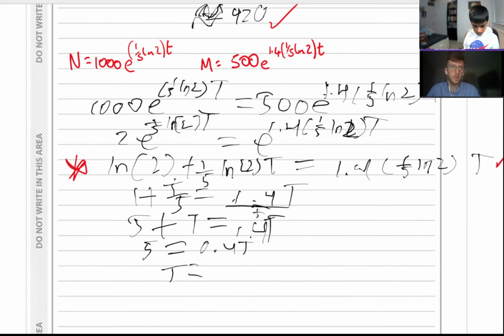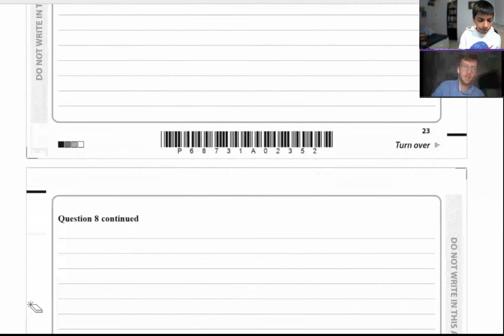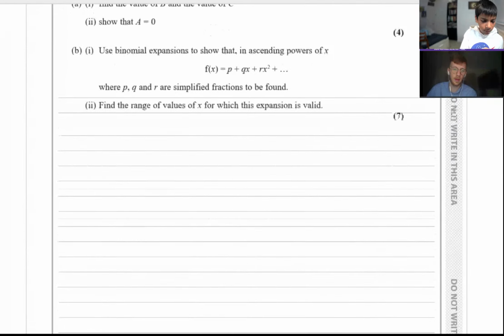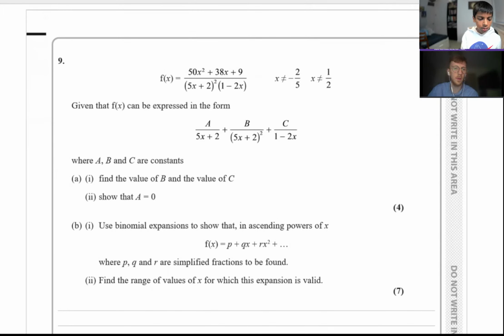So t is 5 over 0.4, which is 12.5. That is correct. Good, yeah. So it just shows the importance of going back, substituting your answers back in to spot mistakes.